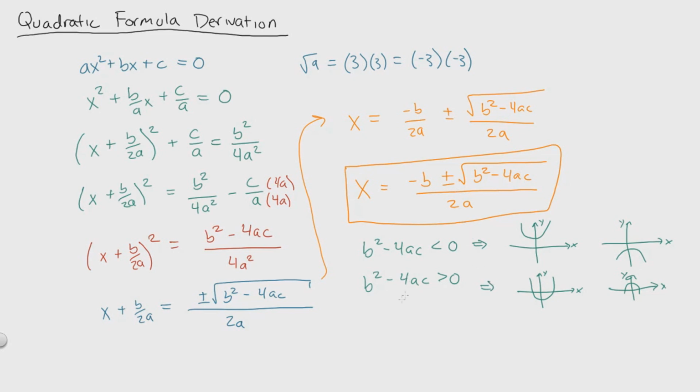And there's one last case for the discriminant, and that's going to be b squared minus 4ac actually equaling 0. And what that means is that if this discriminant equals 0, the square root of 0 is just 0. And when you add or subtract 0, that's just not even there. So really we just have an equation that is dependent on negative b over 2a.